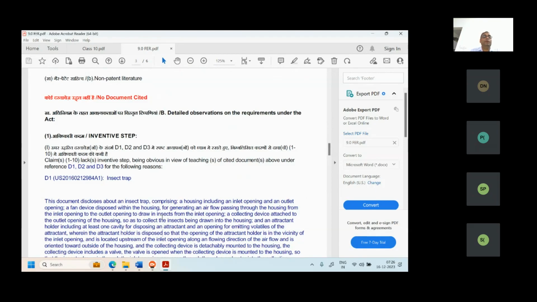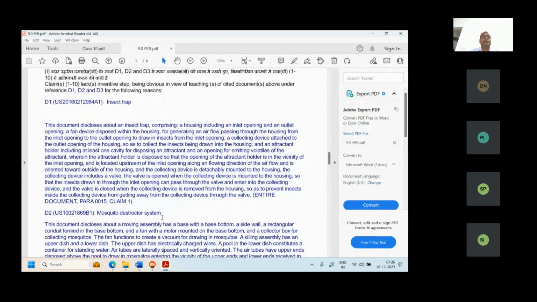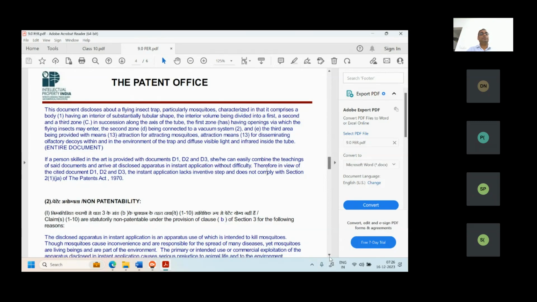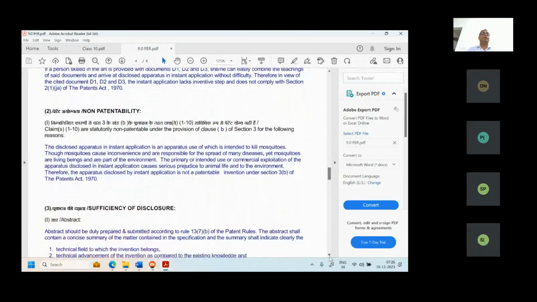And they have cited which document, why that is relevant, and how all the teachings can be combined, and hence it is an obvious invention. You have to reply to this obviousness. Then comes non-patentability. They are saying under section 3B it is non-patentable because it is intended to kill mosquitoes and it will cause serious prejudice to animal life and environment.